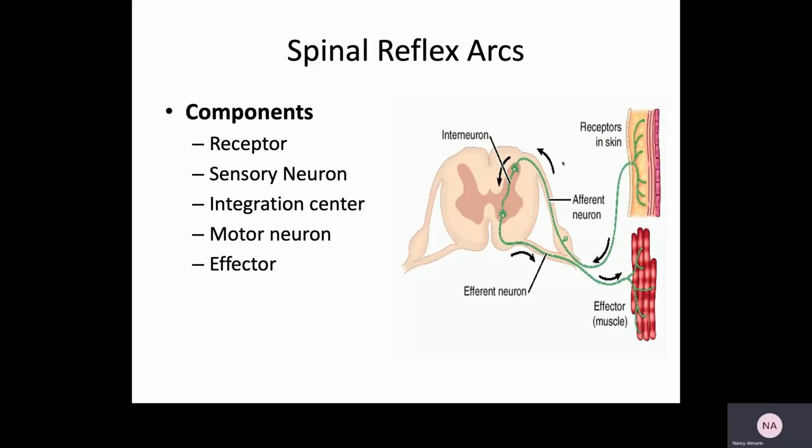And you also need to know that that information is processed at the level of the spinal cord, of that spinal nerve that's bringing that sensory information in. The brain is not involved in processing that information. It happens all at the level of the spinal cord. You also need to know why that happens at the level of the spinal cord, and the brain is not involved except as a sort of note-to-self type of thing.